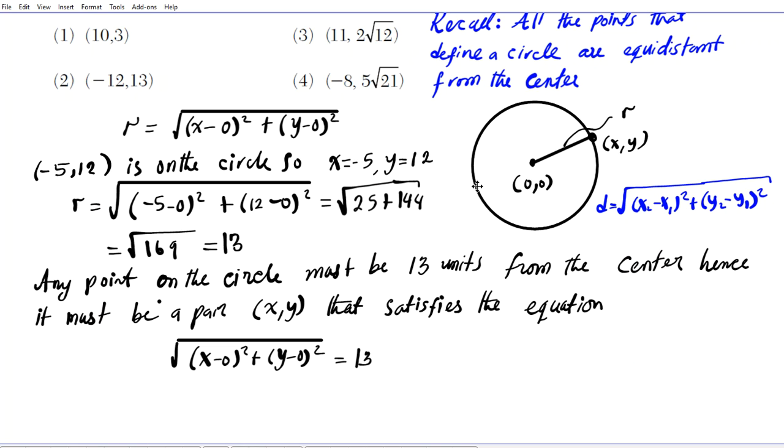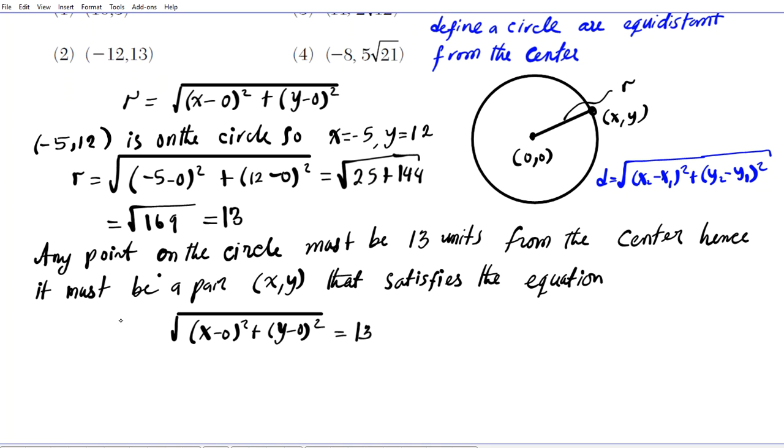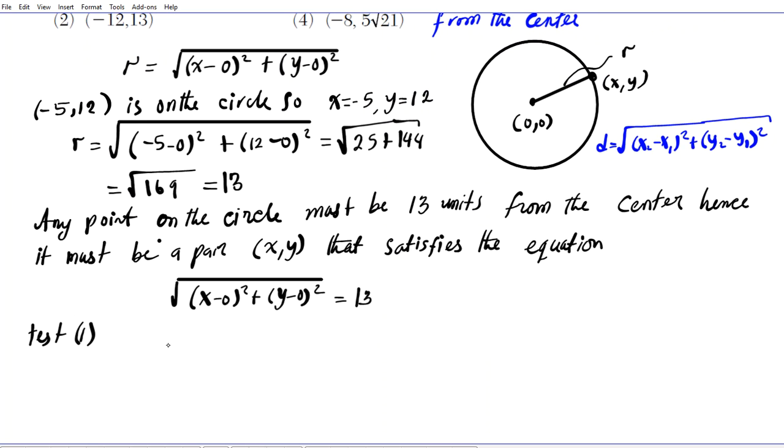Okay, so what we're going to do is test the different options that we have here and see which one works. So let me test option 1. Option 1 is what? 10, 3. So in this case, x is 10 and y is 3.